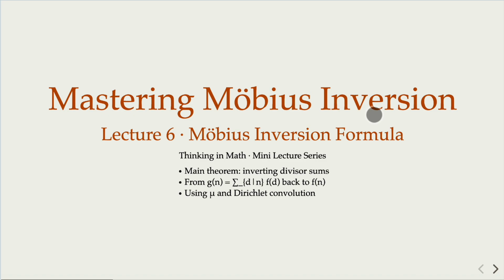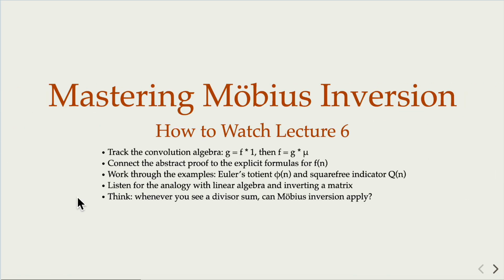That's the key result. We're going to go over the proof, and later on, we're going to work on the totient function phi and the square-free indicator in later lectures. Whenever you see a divisor sum, Möbius inversion could help. Let's get into the lecture.